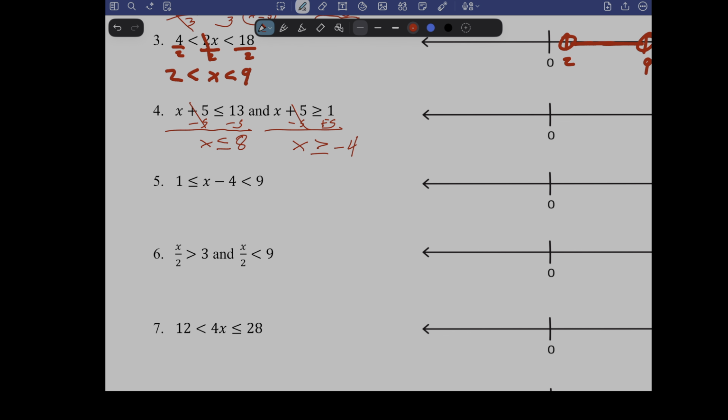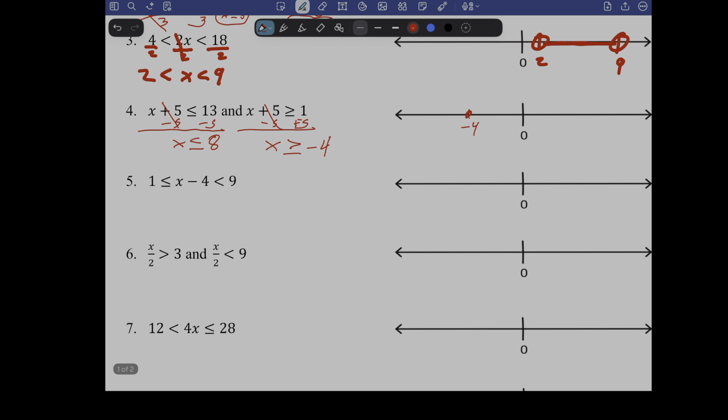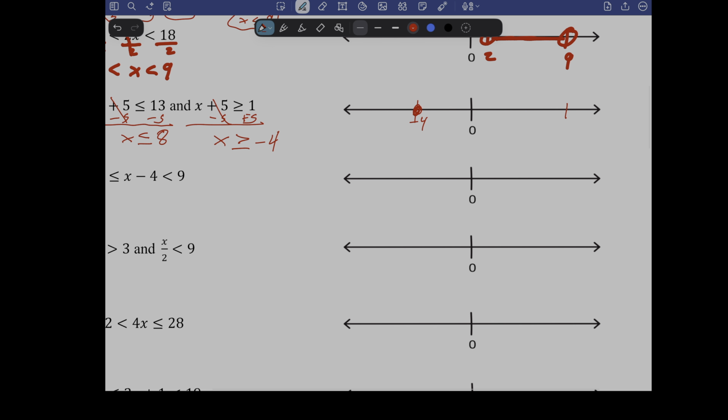Okay, so on this one, I'm going to go over here to a -4, and then that's going to be a dot. Okay, that's going to be a dot at -4. And then on the other one, that's going to be an 8. So I'm going to write an 8 here. I'm going to do a dot, and it's going to think I'm erasing. So I'm going to do my dot and then my line.